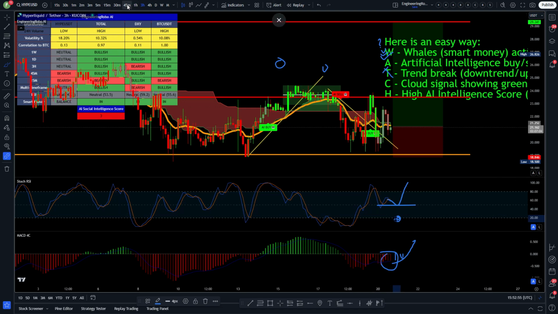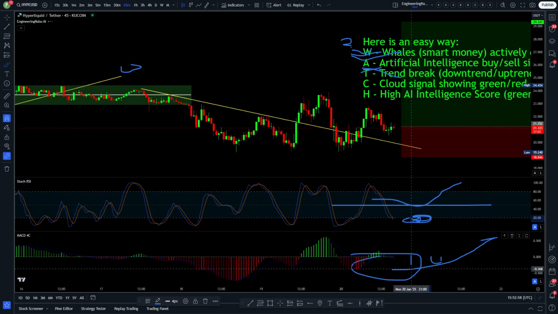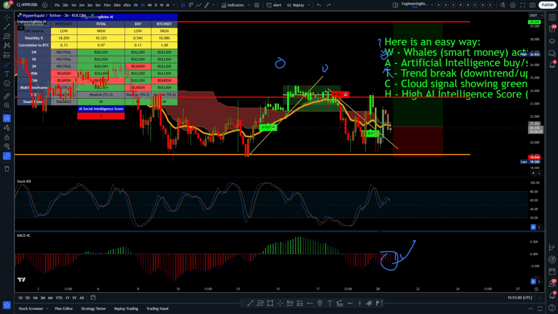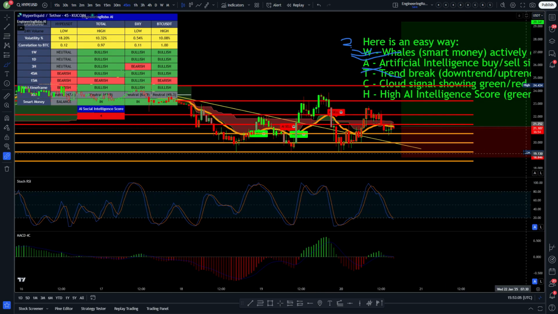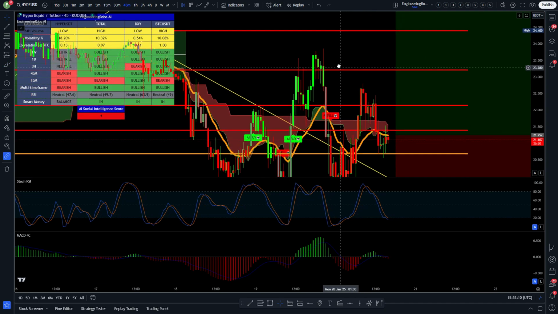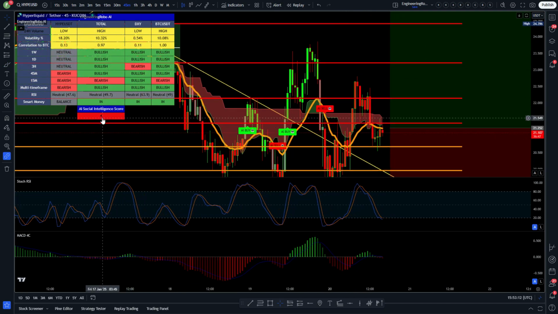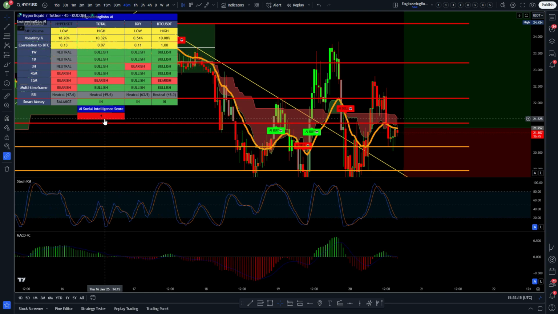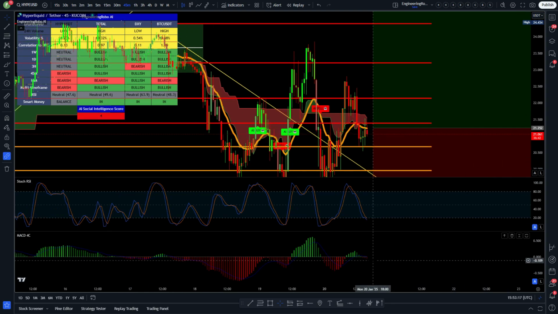Let's quickly have a look at what's happening on the 45 minutes. If I get rid of these lines, we can see if there's resistance or anything that we can glean from this one. You see, the AI intelligence score is a 4, which is quite high even on a smaller time frame. I would be waiting at the moment.